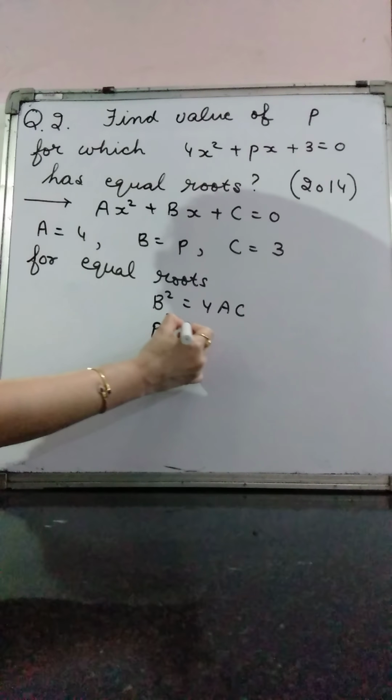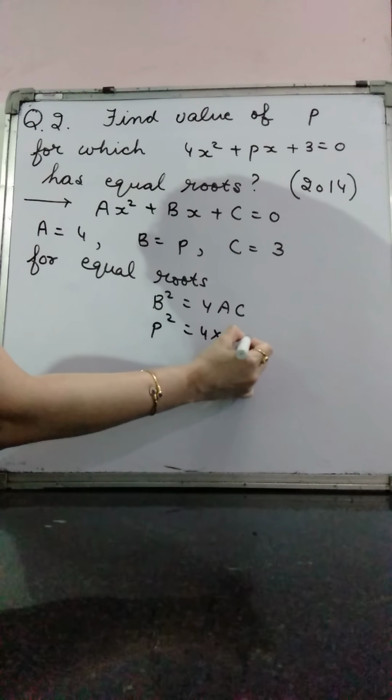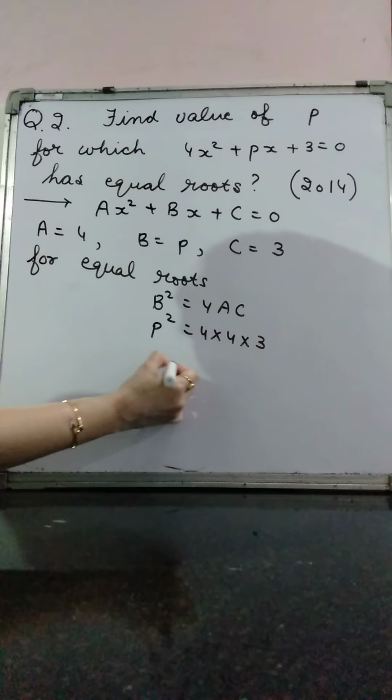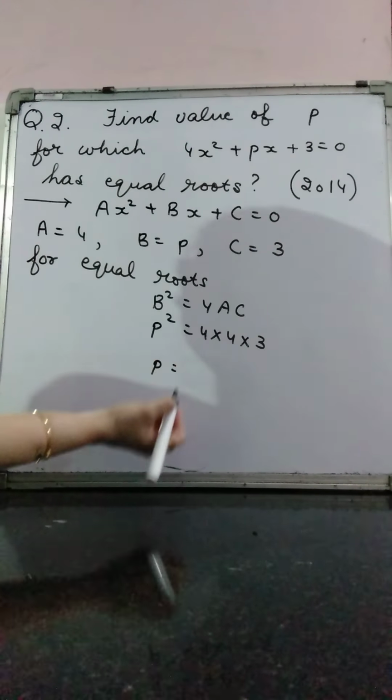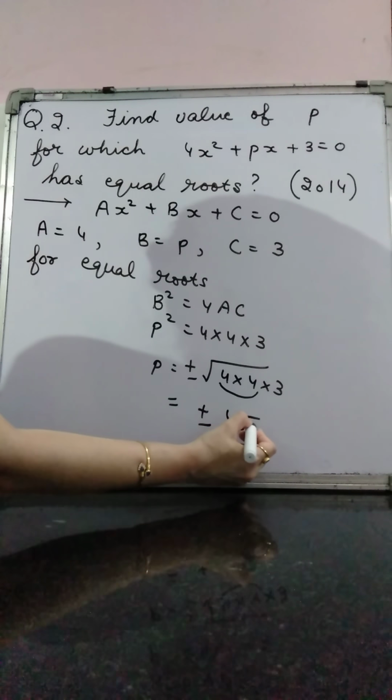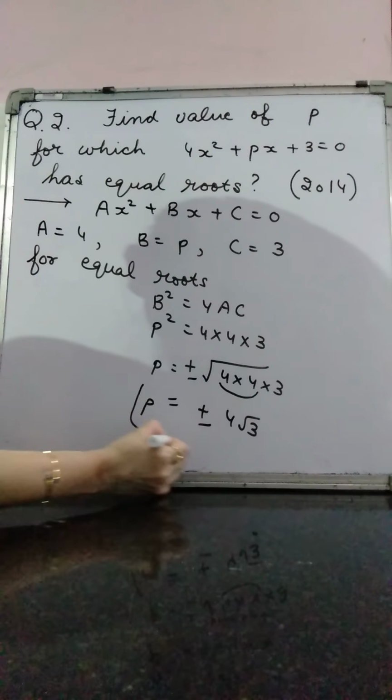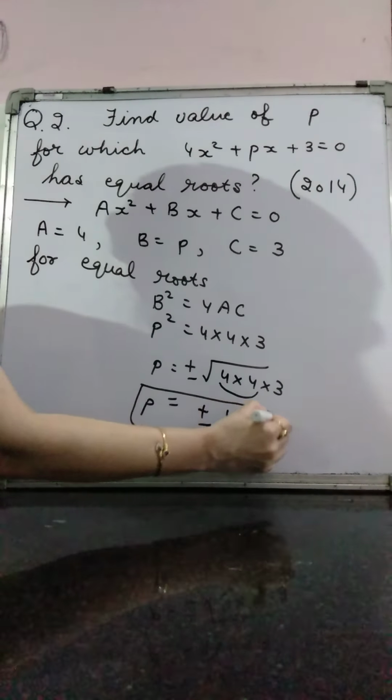Now substitute values. On taking square root, whenever we take square root, here comes two values, that is plus and minus. So the answer is 4 root 3. The value of p is plus minus 4 root 3.